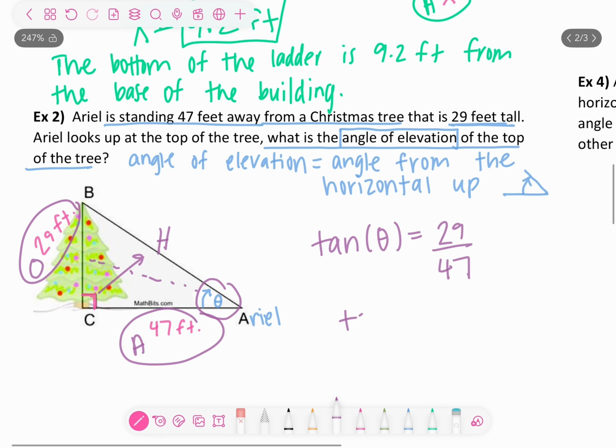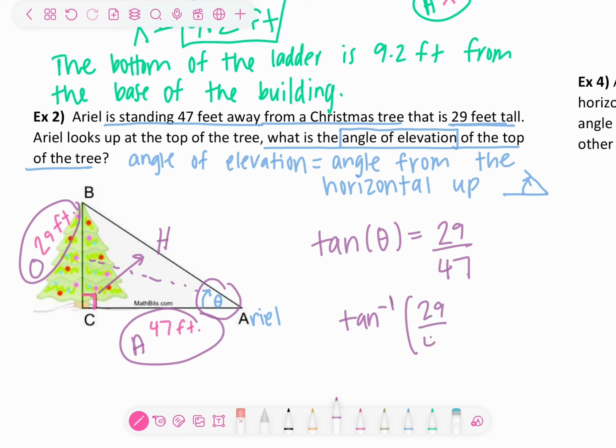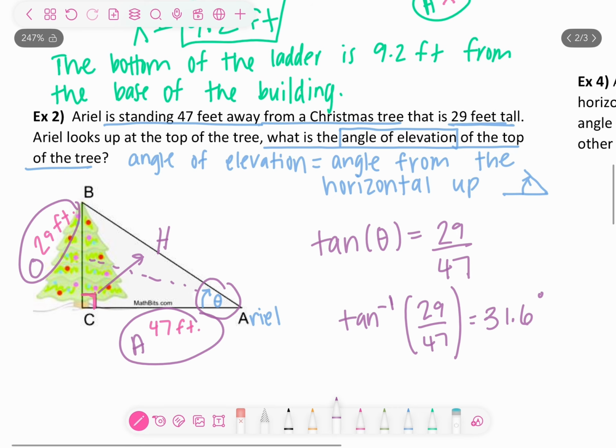And then, of course, we use our inverse tangent to find our value of theta. When I plug that into my calculator, inverse tangent of 29 over 47, I get about 31.6 degrees. I'm going to go ahead and round to the nearest whole number because it doesn't say what to do, and that's what we usually do when we do angles. So I'm just going to put 32 degrees.